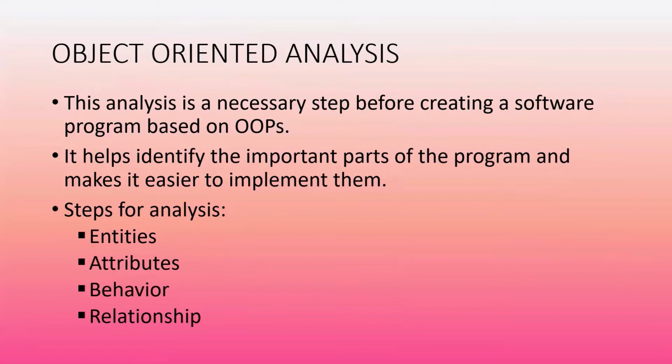This is how we conduct an object-oriented analysis. After we list all of these entities and their attributes, behaviors, and relationships, we keep the list aside to implement them in our object-oriented program.